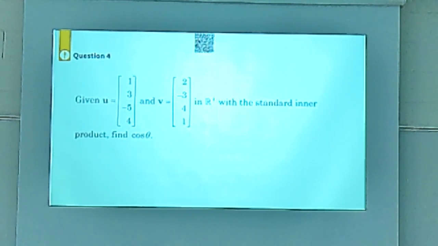Let's do this one. Find cosine of theta between u and v in R4 with standard inner product.